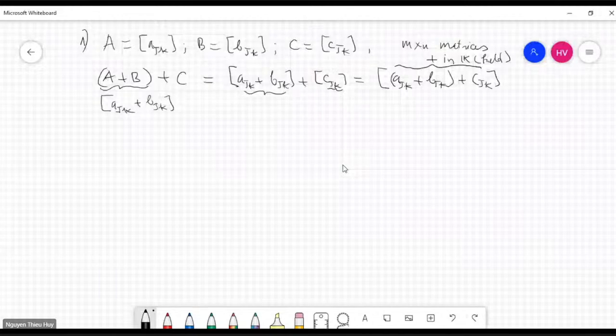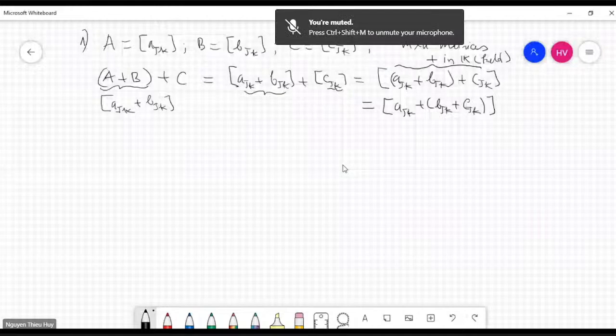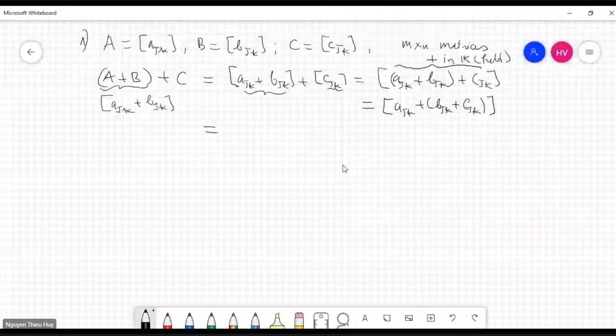In this field K, the addition has the property of associativity already, no? Therefore, I can put brackets anywhere I like, right? Then you have here the matrix A_JK.